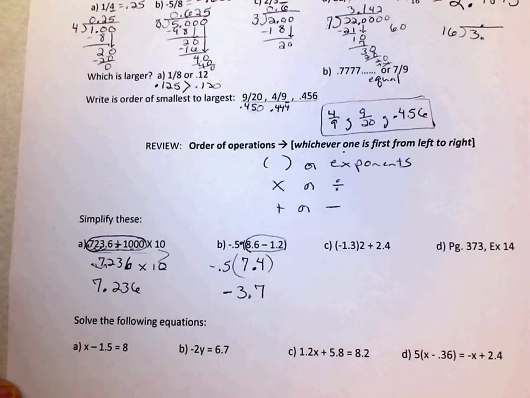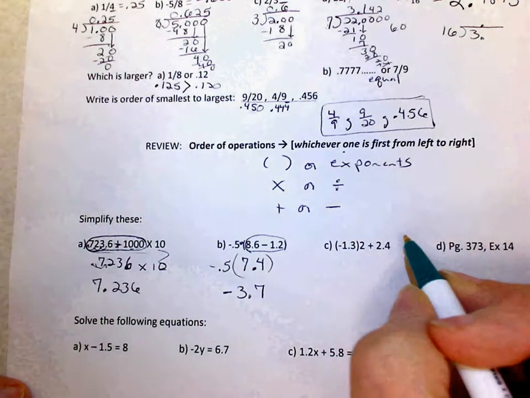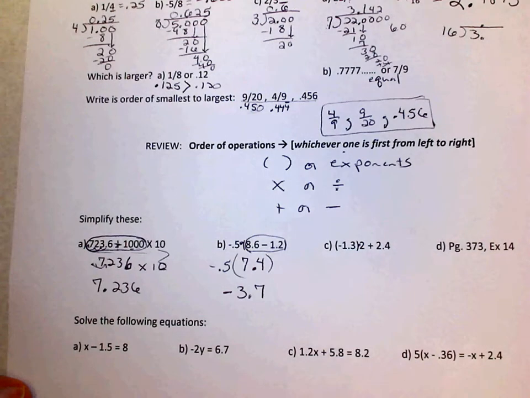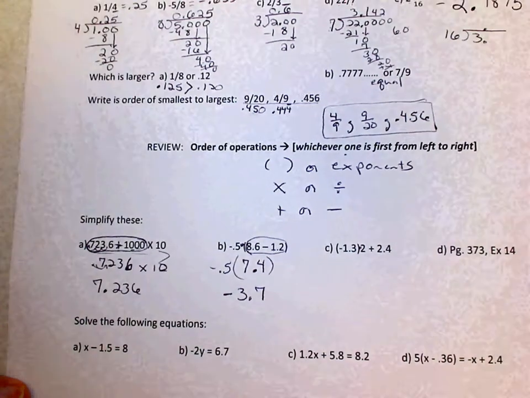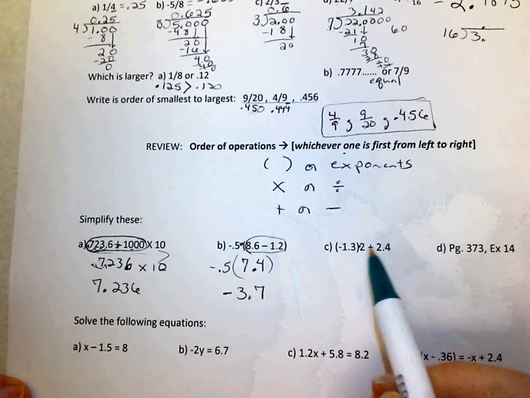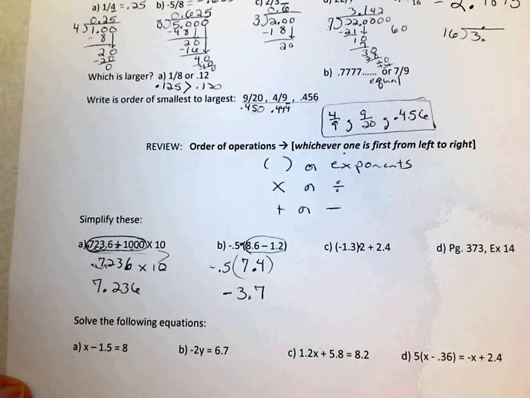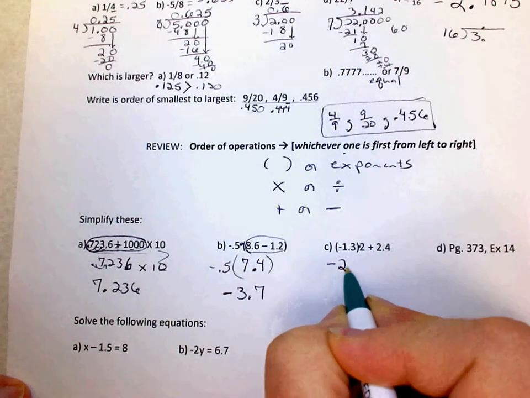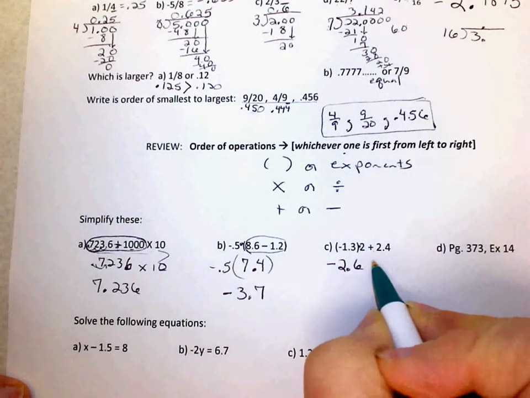And on number C, again, if nothing between the two in parentheses, it means times. And times is a bigger dog than plus, so you got to take out the big dog first. So, negative 1.3 times 2 is negative 2.6, and then plus 2.4.